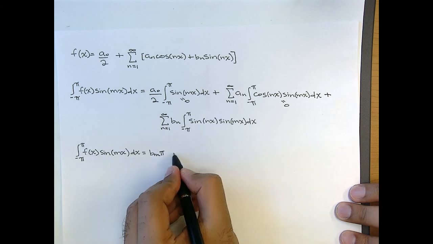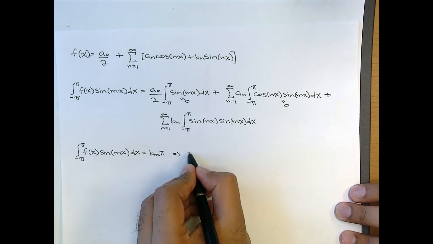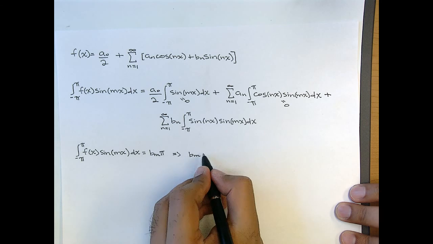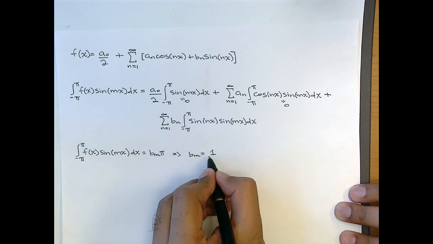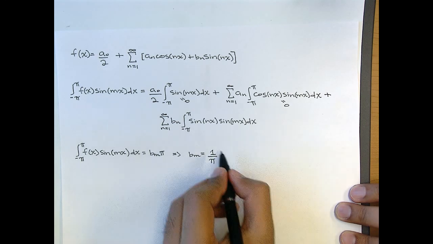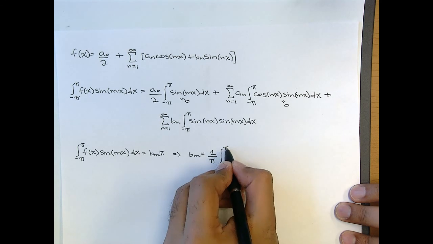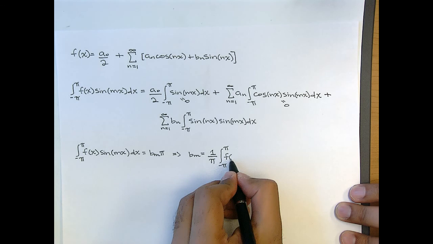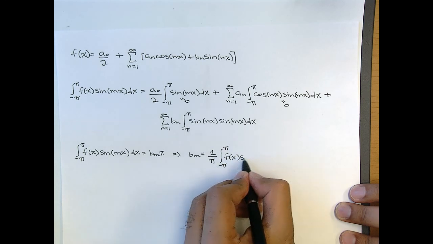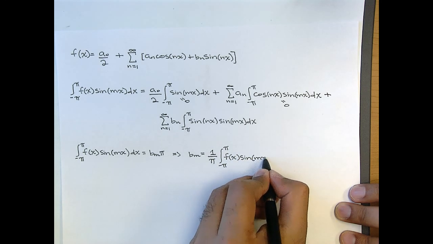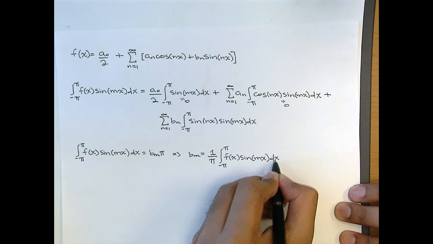And from here we can solve for b sub m, and that is equal to 1 over pi, the integral from negative pi to pi of f of x sine of mx dx.